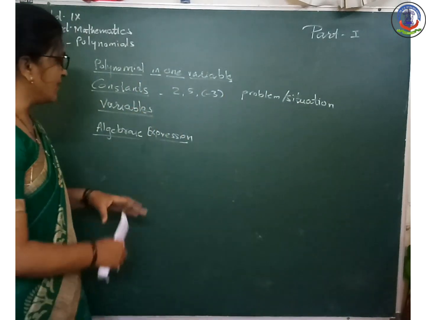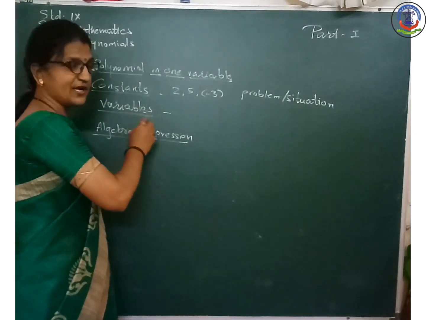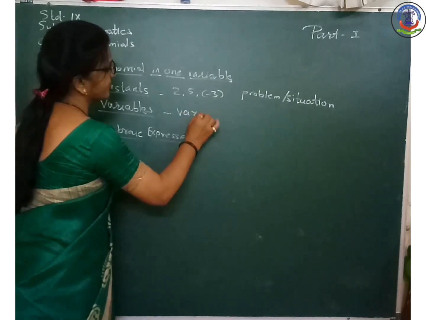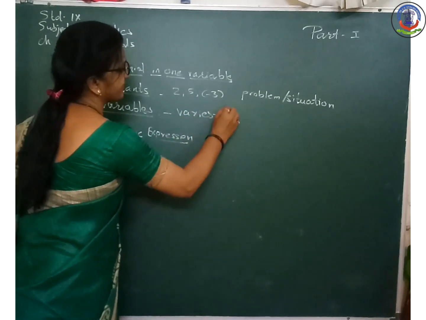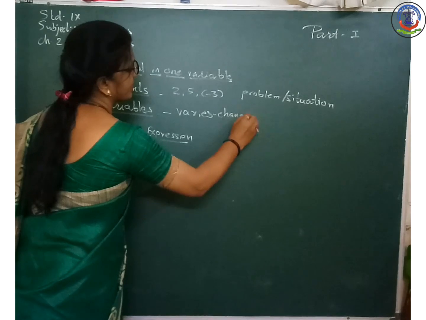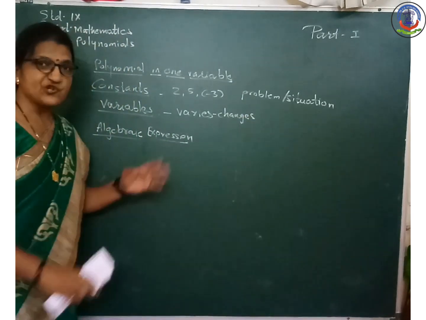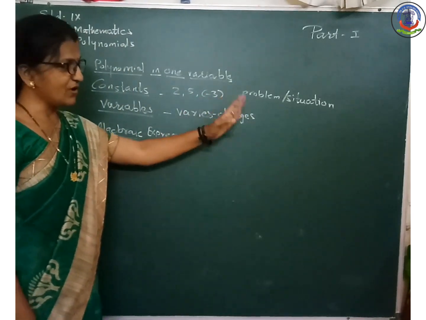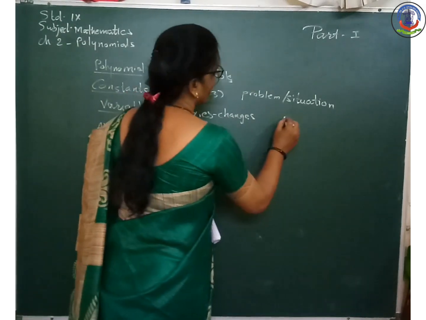Now variable. A variable is what the word itself denotes. Variable means it varies, it changes. The one whose value changes in a particular problem or situation is a variable.